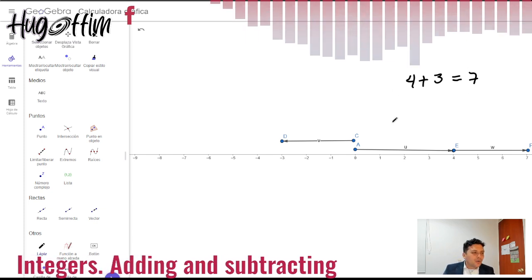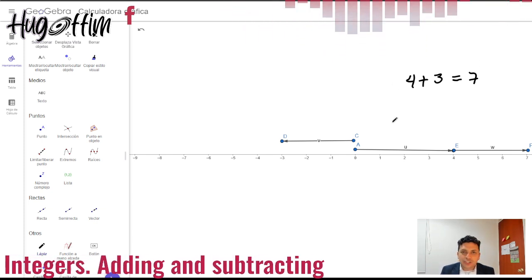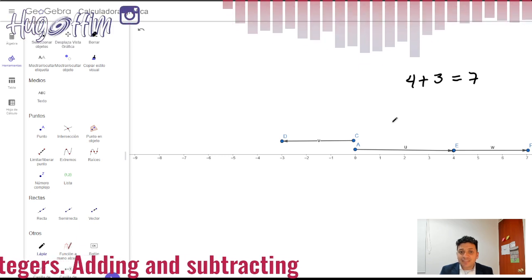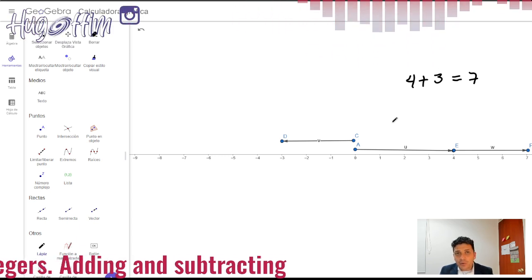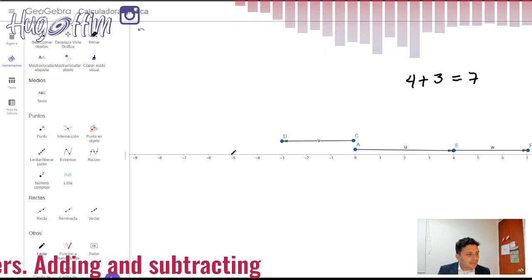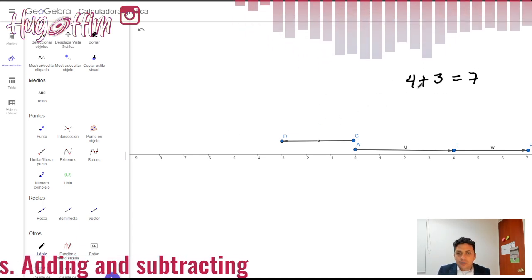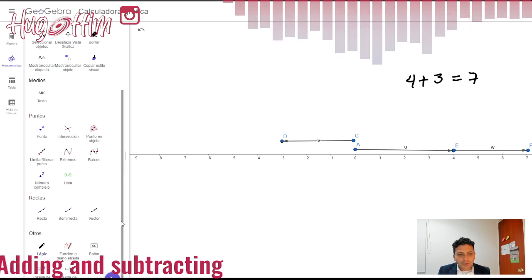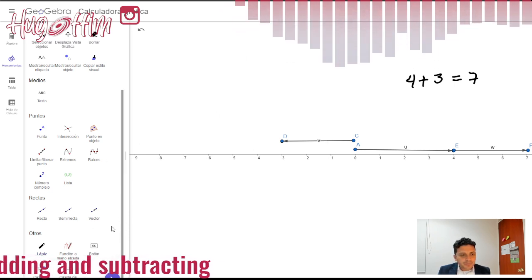Now, how can we understand the addition of a positive number with a negative number? How can we understand this addition? I'm going to add the number 4 with the negative number 3. So this is what we're going to do now.